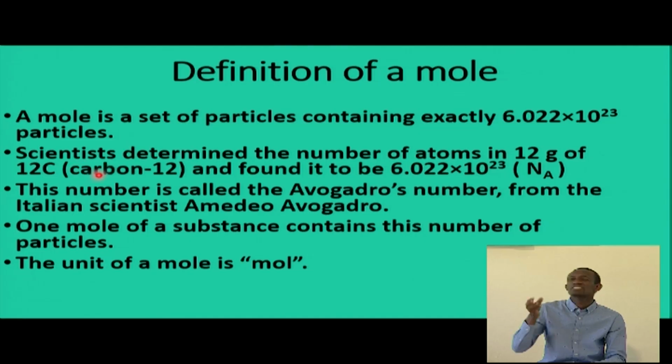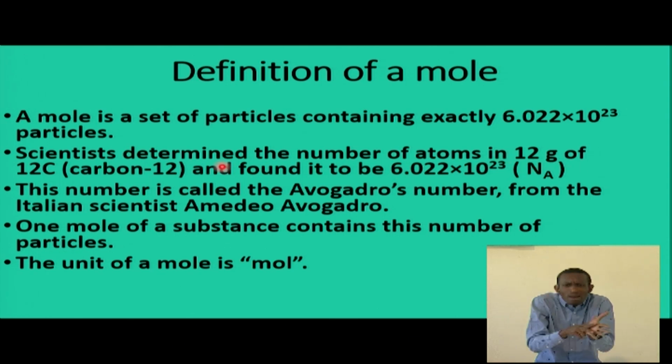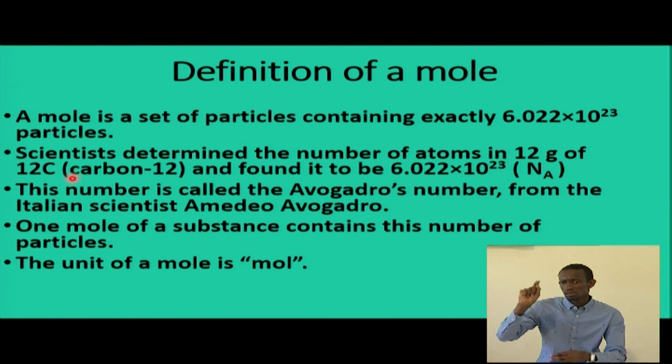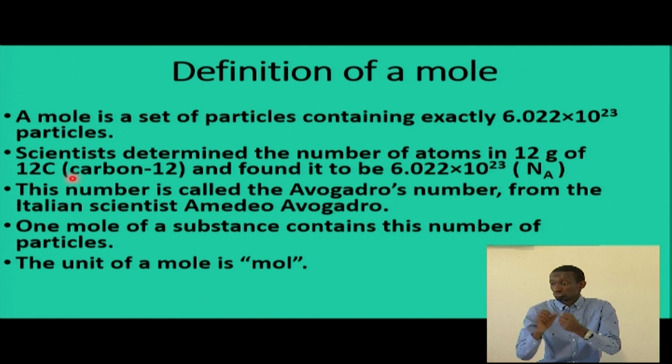And scientists determined the number of atoms in 12 grams of carbon-12. I'm saying carbon-12 because, as you know, we have what we call isotopes. There is carbon-12, there is carbon-13, there is carbon-14, and the common one is carbon-12.